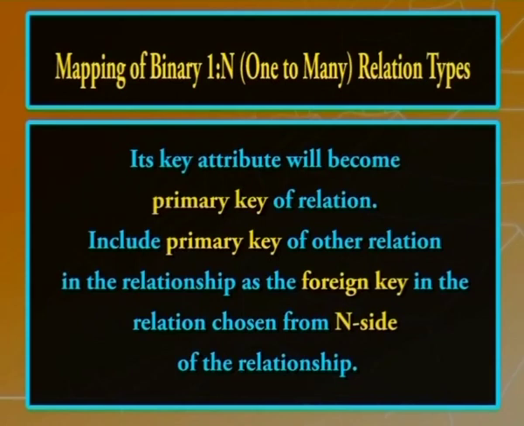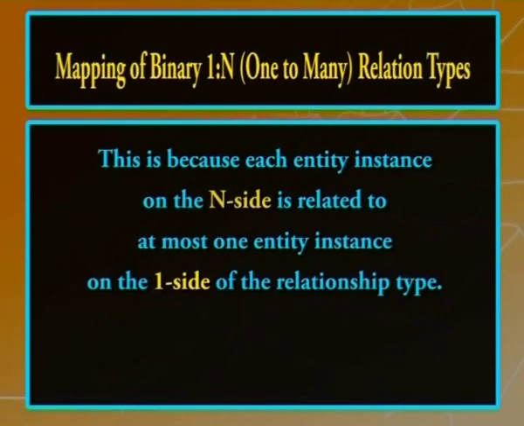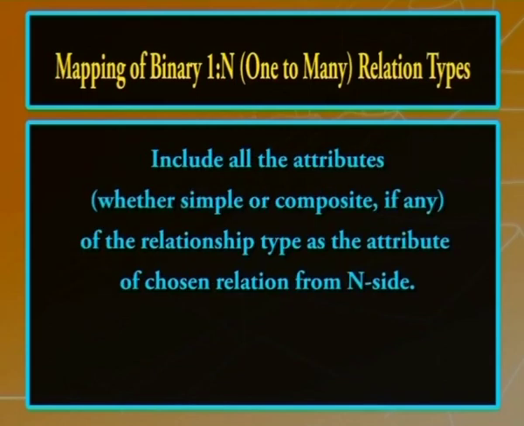This is because each entity instance on the N side is related to at most one instance on the one side of the relationship type. Include all the attributes, whether they are simple or composite, of the relationship type as attributes of the chosen relation from the N side.